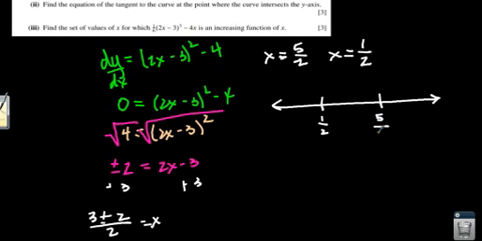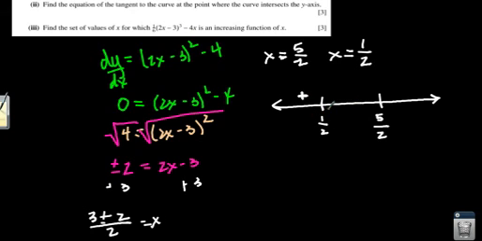So I'm putting these in order from least to greatest, and I'm going to plug in a number that's smaller than a half. My favorite number to plug in when that's the case is 0. We did that when we were finding the slope at 0. So we got positive 5. So I know that this is positive, so it's increasing here.